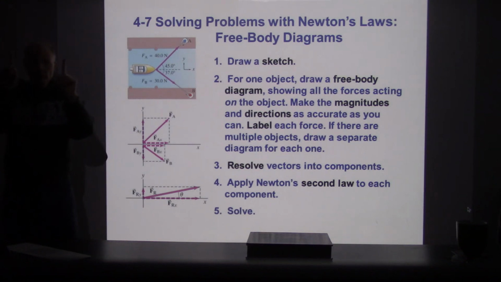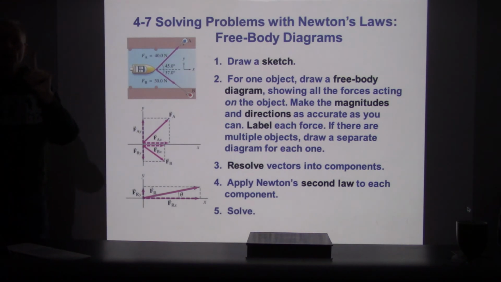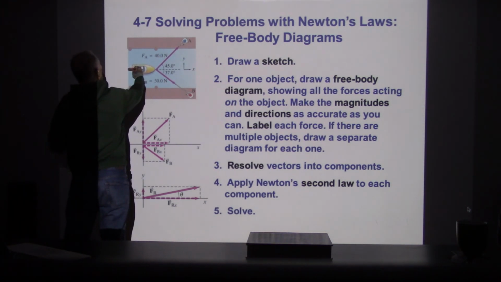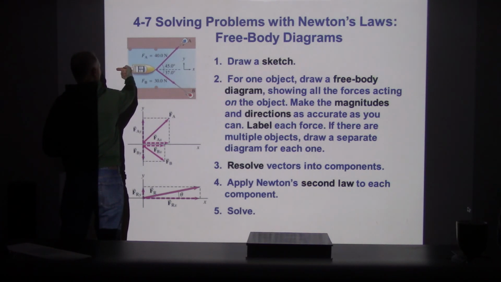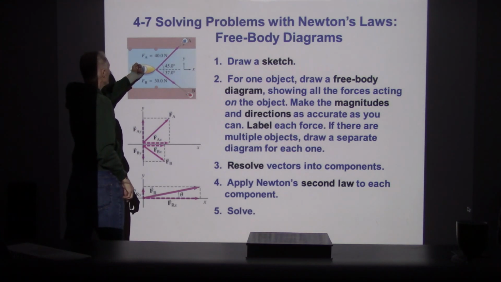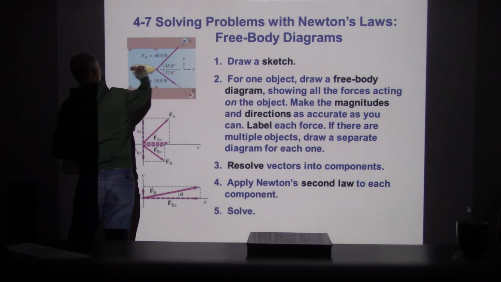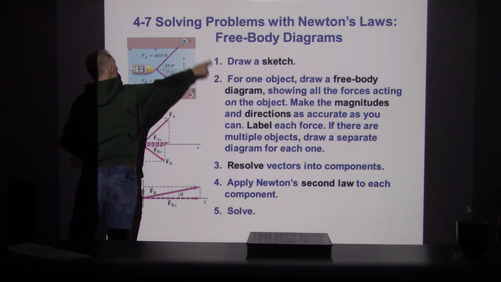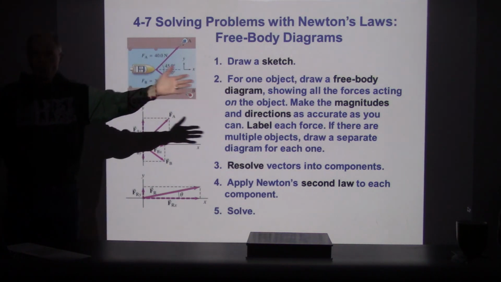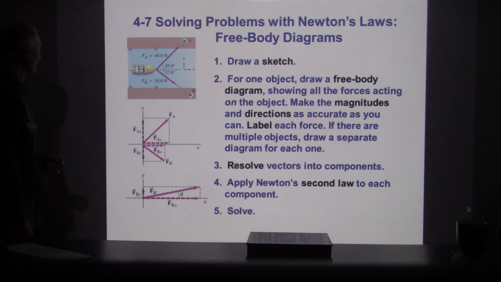The water's pushing up on the boat, and that's coming out of the page. And there's certainly going to be a frictional force or water resistance pulling the boat back in this direction. So we've got gravity into the board, we've got a normal force coming out, we've got frictional forces here, and then here are the forces apparently that are pulling the boat down this waterway.